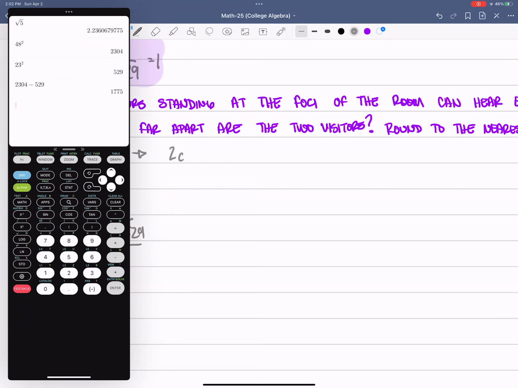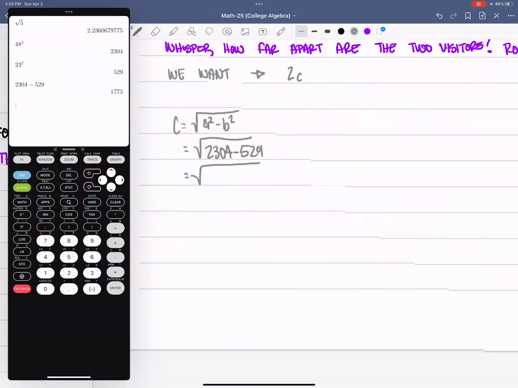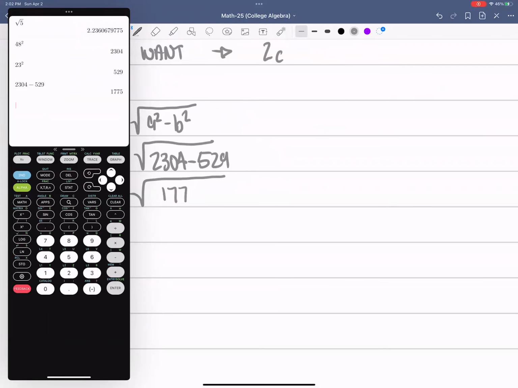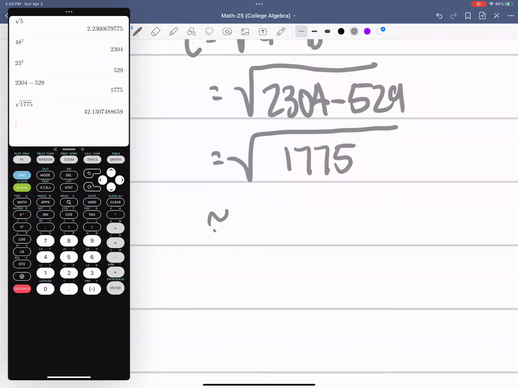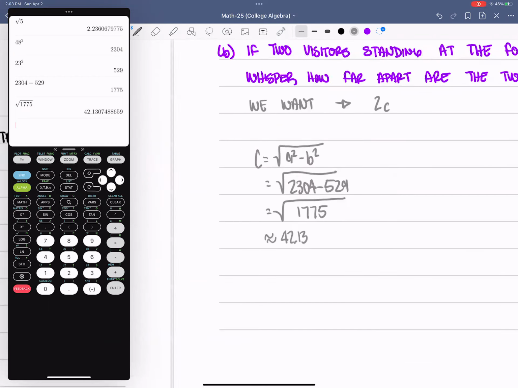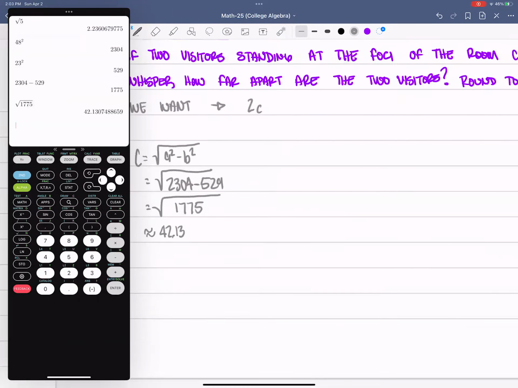All right, that gives us 1775. Does this give us a nice root? Nope, it doesn't. All right, so we could say that c is approximately 42.13.